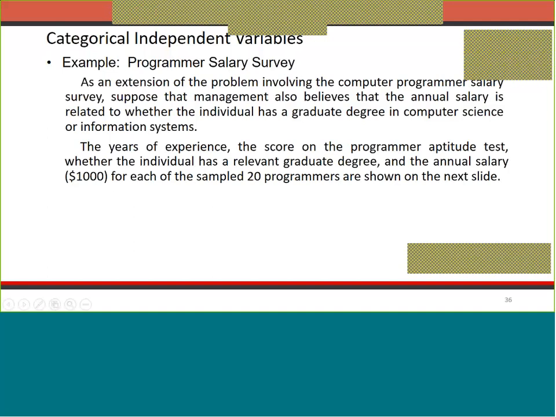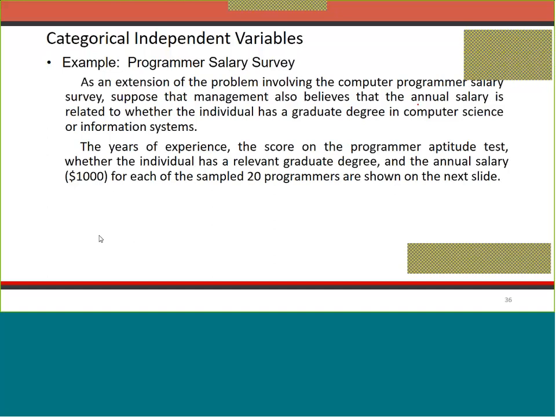The years of experience, the score on the programmer aptitude test, whether the individual has a relevant graduate degree, and the annual salary for each of the sample of 20 programmers are shown on the next slide. So if you read the question carefully, the annual salary is related to the graduate degree, the score on the programmer aptitude test, and the years of experience.